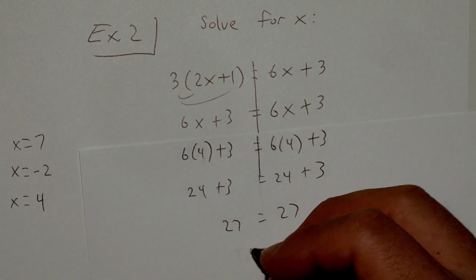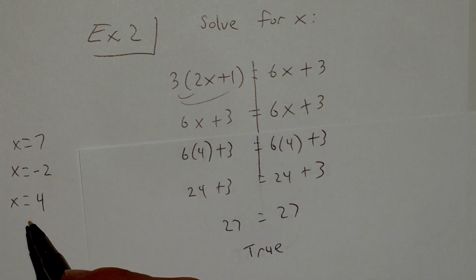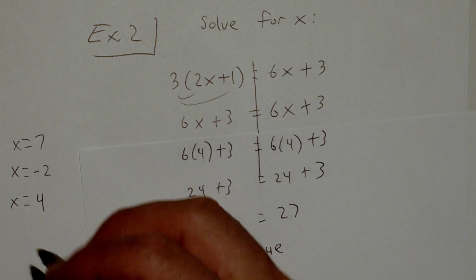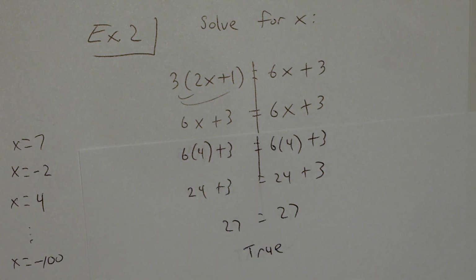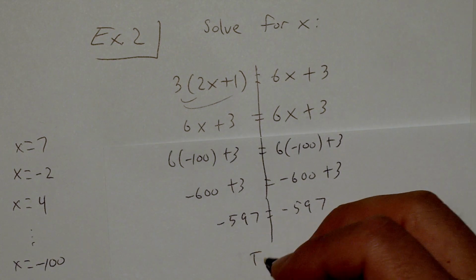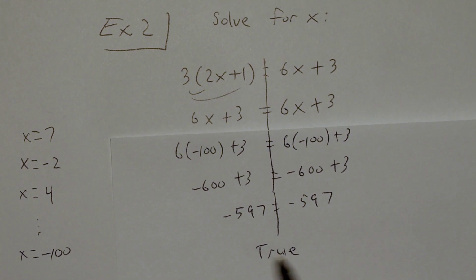Once again, look at that. Another true statement. Guess what? I could use any number I want. I could try -100. Look at that. It's true again, right? I could choose any number I want.